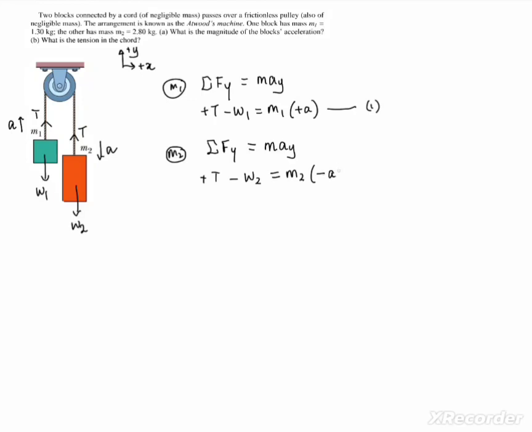So this is negative A. Let's call that the second equation. Now what we need to do is solve these two simultaneous equations.